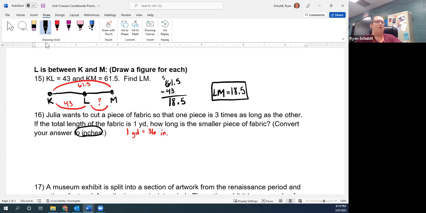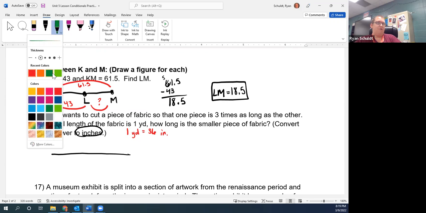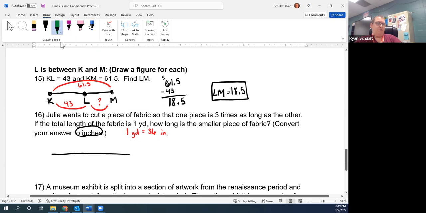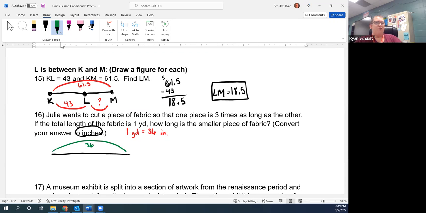So when we draw our picture here, she's got her fabric. And the whole thing here, let me do this in red. Actually, let's do it in green. The whole thing is 36. Now she's gonna cut it. Let's say she cuts it right here.